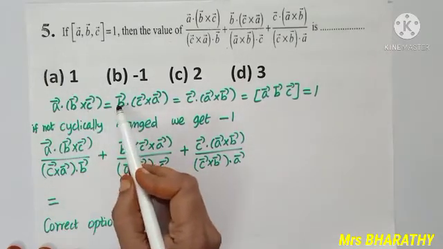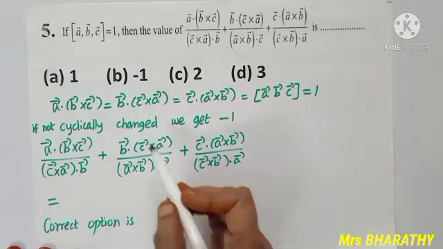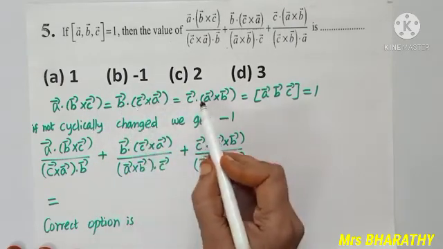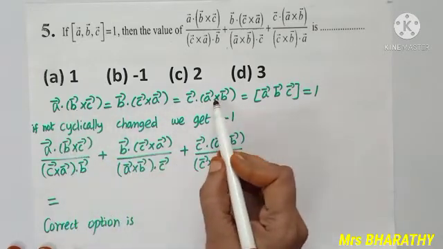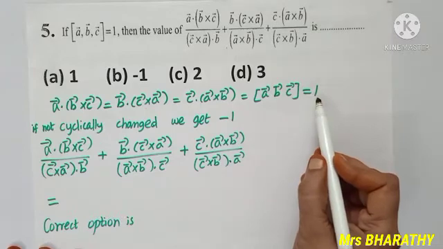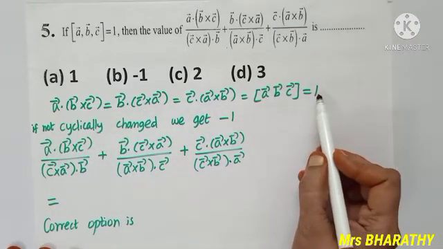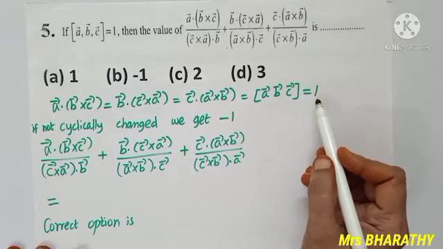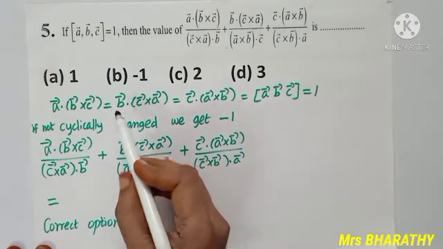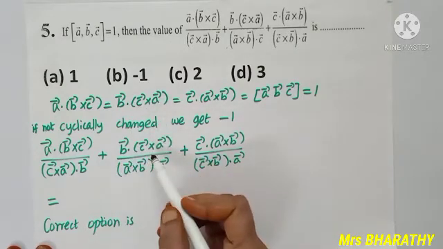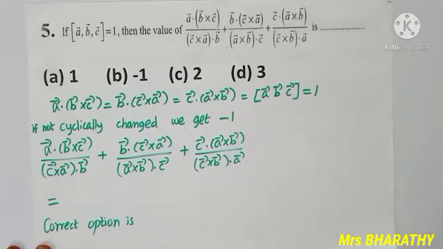Wherever A comes B, B becomes C, C becomes A. Again, B becomes C, C becomes A, A becomes B. So for all these answers, I can simply say 1. Whenever I cyclically change, my answer is unaltered. Now, suppose I do not change it cyclically. Instead of BCA, if I had written BAC, it becomes -1.